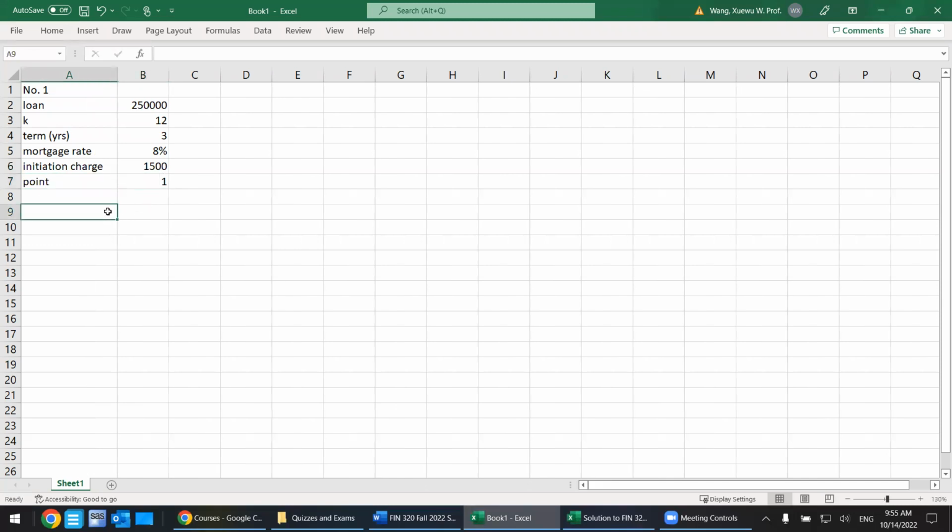And this is asking, first of all, what's your monthly mortgage payment? All right. And secondly, what is the EAIR of this mortgage? And finally, the loan amortization table.